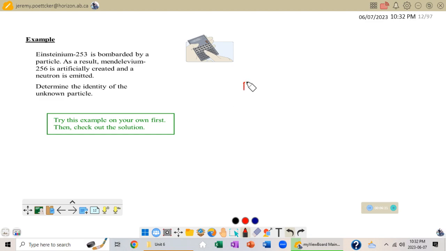So Einsteinium, I know, is element number 99.